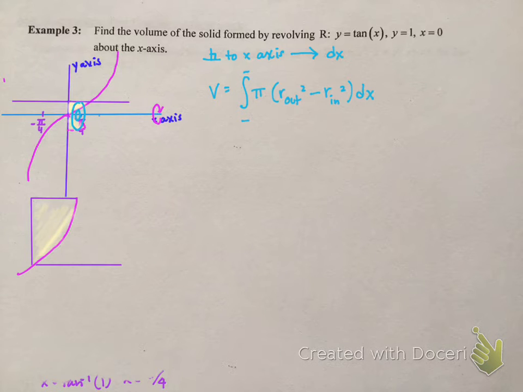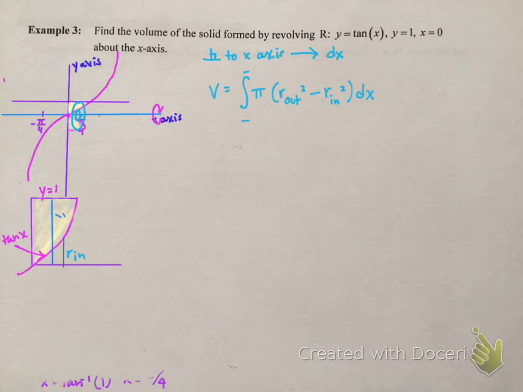I'm just enlarging this so that we can see what's going on. Remember that this top line is y equals 1, and the curve here is tangent x. My inside radius is from the x-axis up to the curve tangent x, so let's label this as R in. And the outer radius of that washer is going to touch up at the line y equals 1.